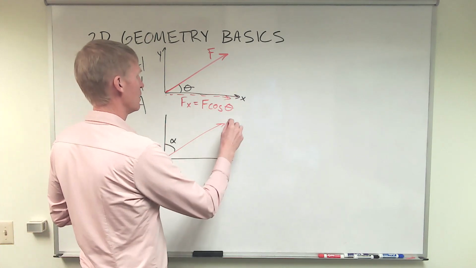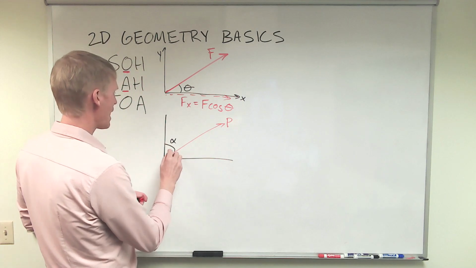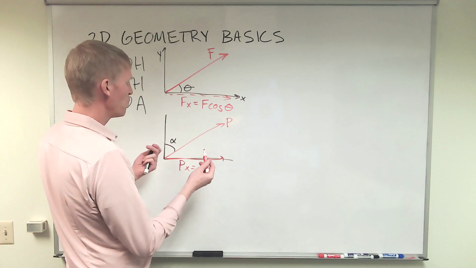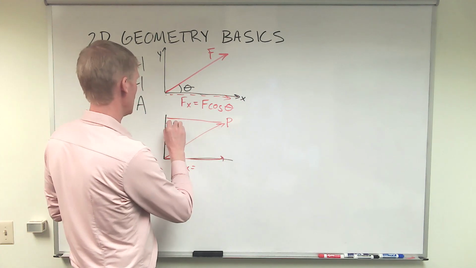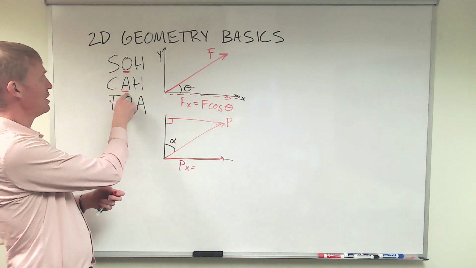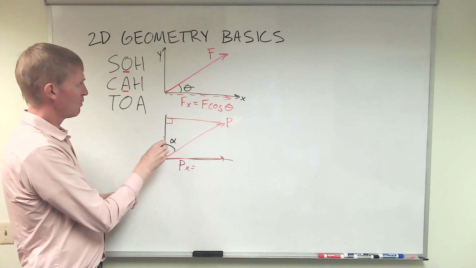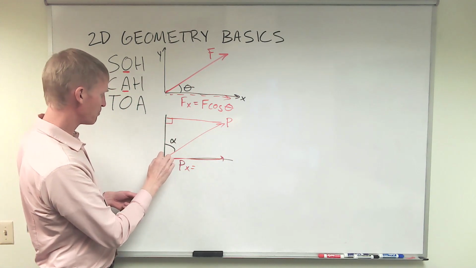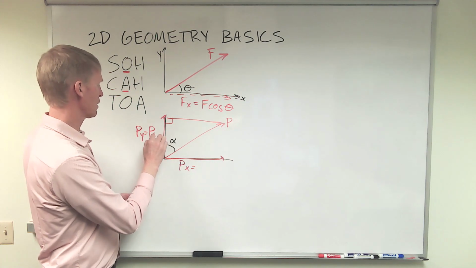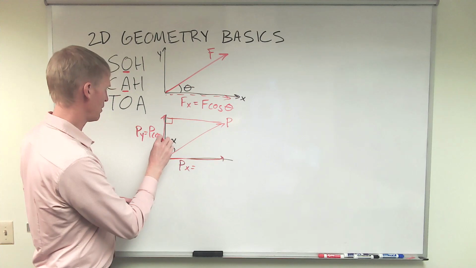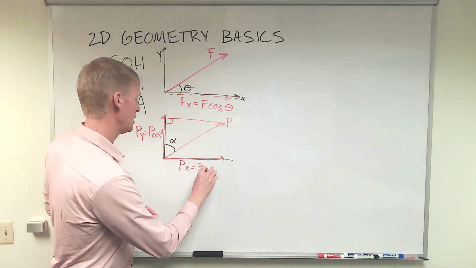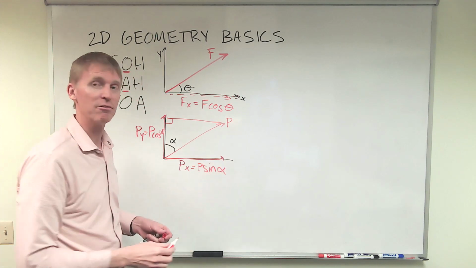Call this P instead of F. Now if we look at this x component, P sub x, we're really looking at a right triangle where cosine is adjacent over hypotenuse. So P sub y is equal to P cosine of alpha, and P sub x is going to be P times sine of alpha.